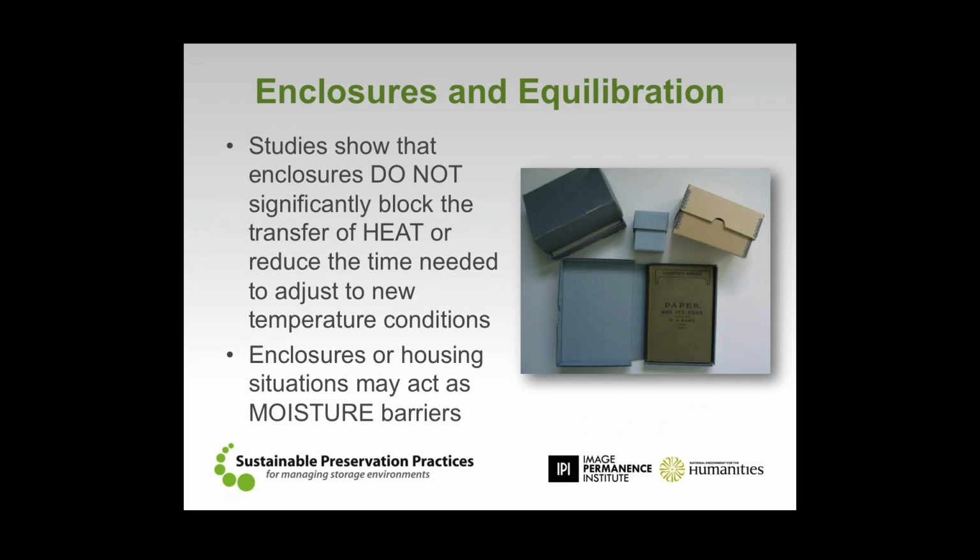But that said, the better the enclosure, the more airtight the enclosure, or even furniture if we're thinking in terms of cabinetry, those can certainly act as moisture barriers against that external environment and really do give us the opportunity to create these microenvironments that not only smooth out conditions for collections, but if we're careful and think about it, we can really avoid some of those extremes or at least reduce the amount of time that is spent at those extremes by using these well-buffered materials that are able to act as that moisture barrier to the object itself.